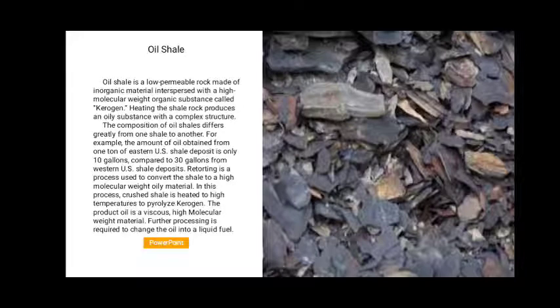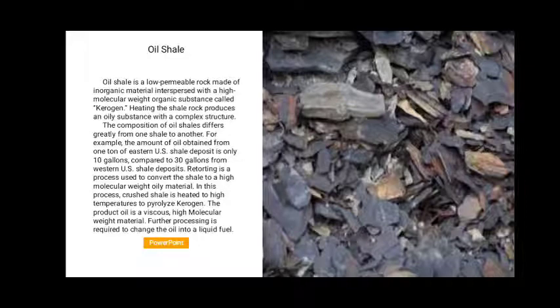Oil shale is a low permeable rock made of inorganic material interspersed with a high molecular weight organic substance called kerogen. Heating the shale rock produces an oily substance with a complex structure. The composition of oil shales differs greatly from one shale to another.